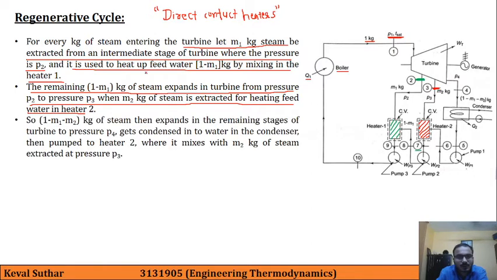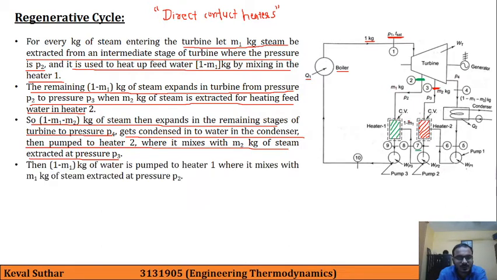So only 1 minus m1 minus m2 kg of steam then expands in the remaining stages of turbine to pressure P4, gets condensed in the condenser and then pumped into the heater 2, where it mixes with m2 kg of steam extracted at pressure P3. So we are discussing what is happening in heater 2, that has been already explained.